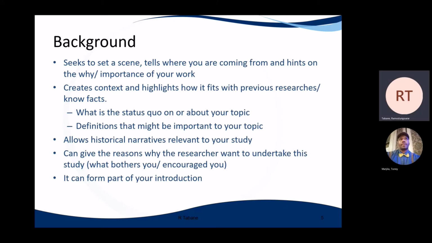And like I said, some supervisors would prefer to say introduction and background. That is fine, but remember, the introduction is about setting the scene, telling us what your problem is. The background is where your problem emanates from. Where does it come from? What do we know about the problem?